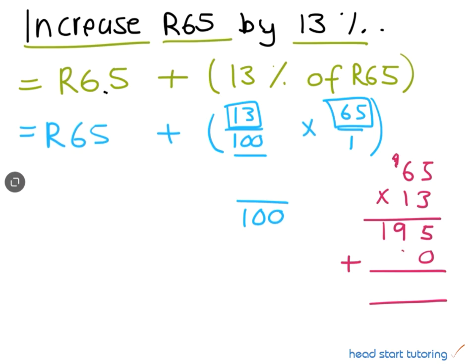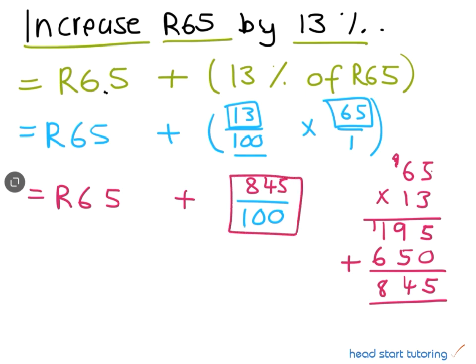Take our 1 away and we end up with 5 and 6, because 1 times 5 is 5, 1 times 6 is 6, and then we add together. Right, so we end up with an answer of 845. So there's 845 over 100, and we keep bringing down our 65, so we don't forget to plus this to our 65 at the end.